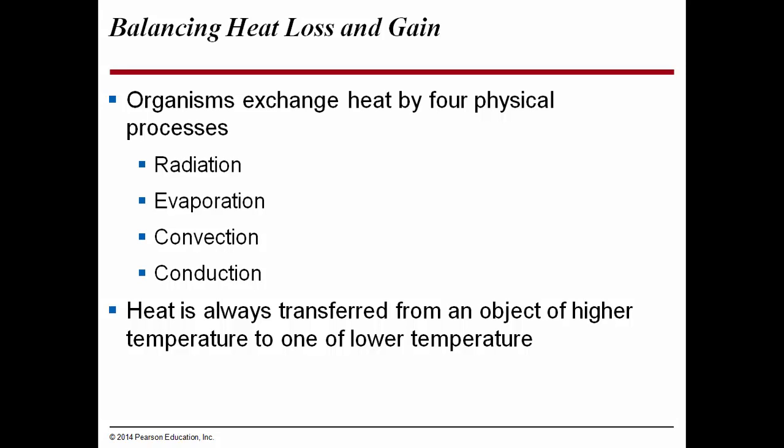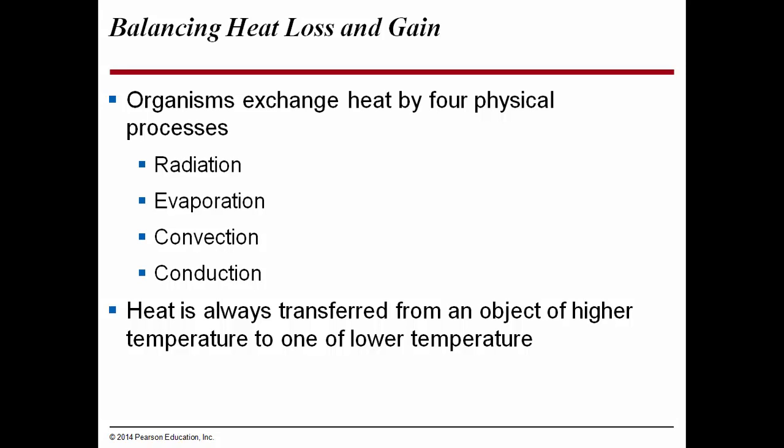Organisms exchange heat by 4 physical processes: radiation, evaporation, convection, and conduction. Heat is always transferred from the object of higher temperature to one of lower temperature. Radiation is like the energy that comes in from the sun. Evaporation is like when you sweat; that process of evaporation cools the surface of your skin.